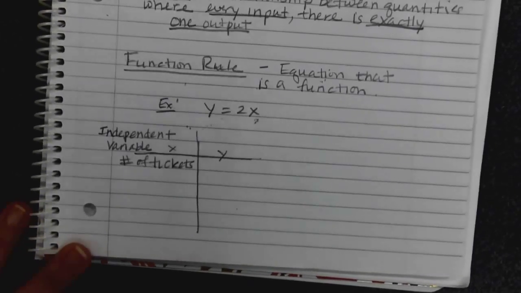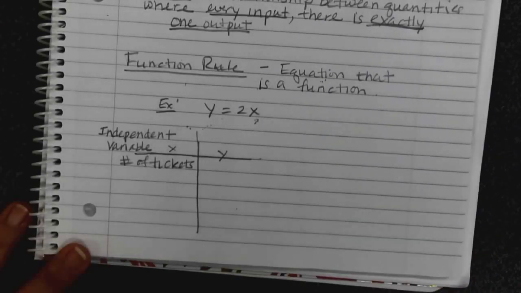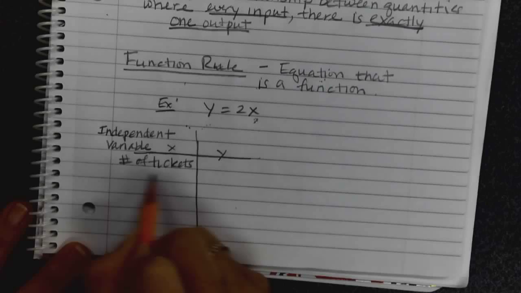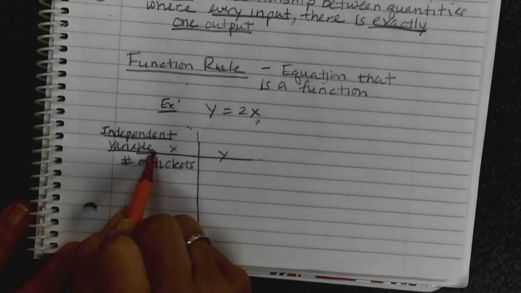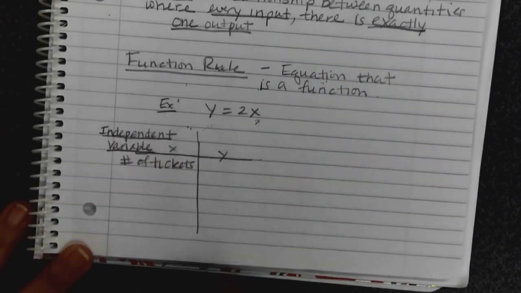Like you guys are going to Apple Fest and you want to ride, you buy tickets, right, to ride? Isn't the number of tickets that you buy something you control? And then they'll tell you how much it costs, right? So what you control is called the independent variable, which is your x, like the number of tickets.